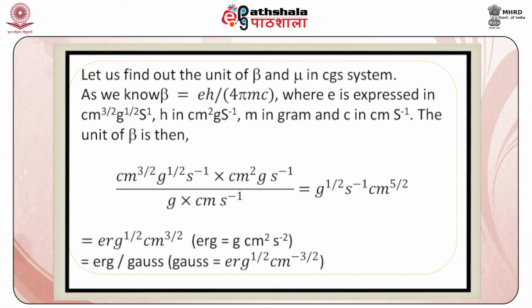So putting all these units in the formula of β, the unit of β becomes gram raised to power half, centimeter raised to power 5/2 per second. And as we know, erg is equal to gram centimeter square per second square. So the unit of β in form of erg is erg raised to power half centimeter raised to power 3/2, which becomes equal to erg per Gauss.